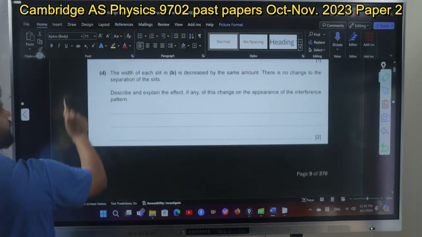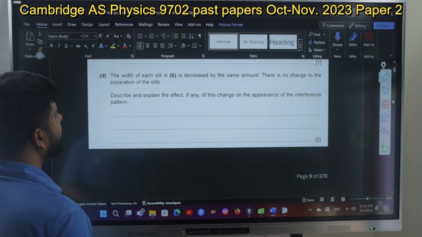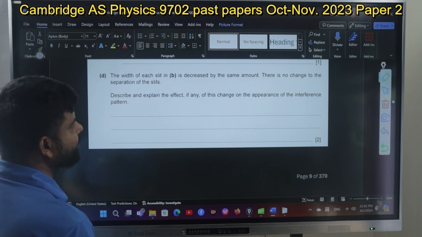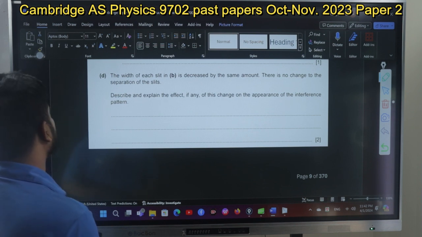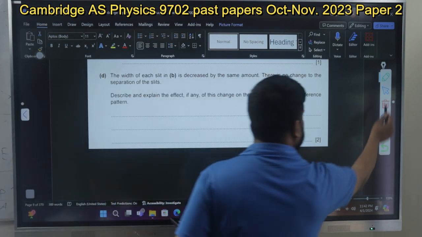Now, the width of each slit in B is decreased by the same amount. There is no change to the separation of the slits. Describe and explain the effect.